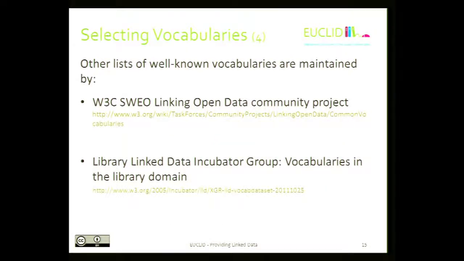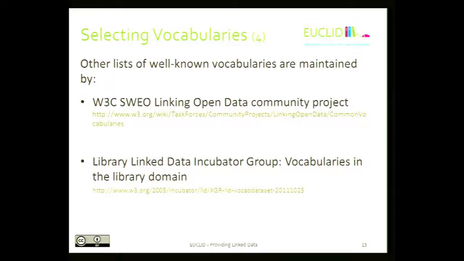So, two more places where we can go to find vocabularies when we want to model our data. The Semantic Web Education and Outreach group at the W3C, called Linking Open Data, provides a list of common vocabularies that you would probably want to look through. Okay? They do it in a generic way, regardless of domain.